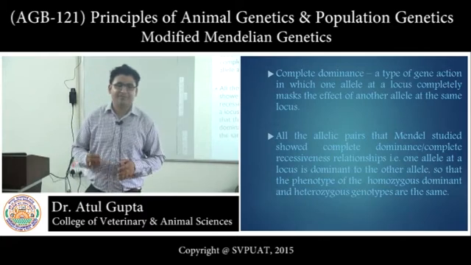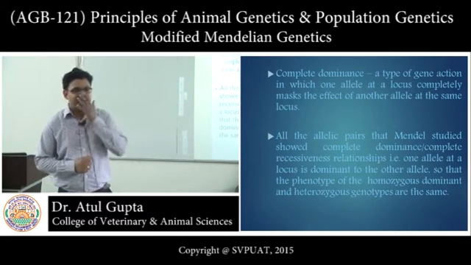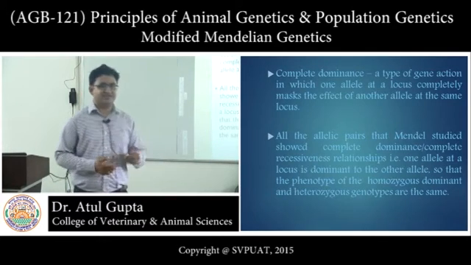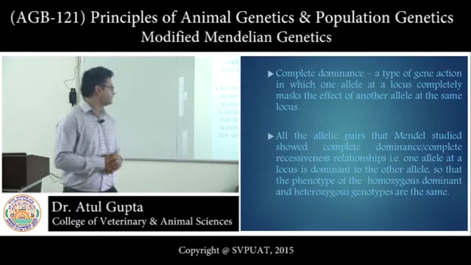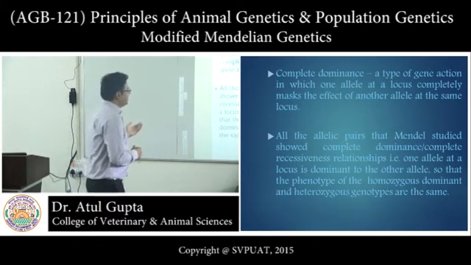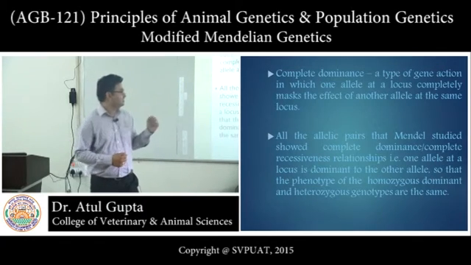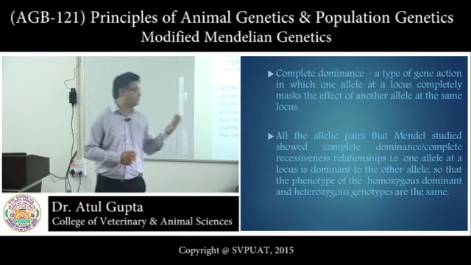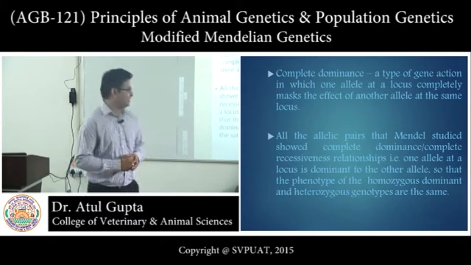Actually Mendel was a bit lucky in conducting his experiments, as he did not encounter linkage, otherwise he would have had different results. So in a complete dominant-recessive relationship, one allele at a locus is dominant to the other allele.